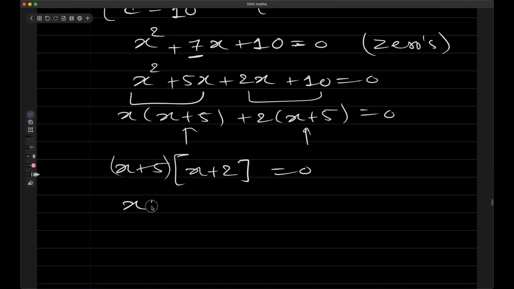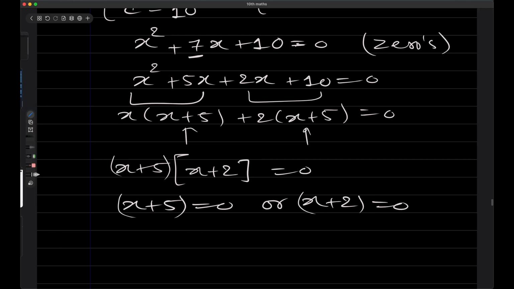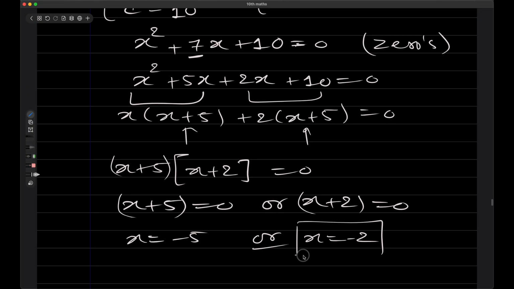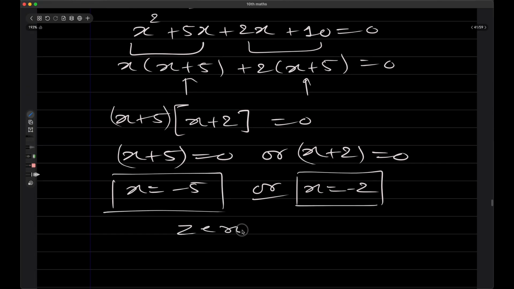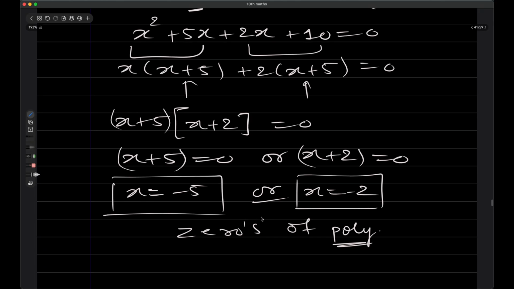Now if we put x plus 5 equals 0 or x plus 2 equals 0, we will get the zeros of the polynomial. That is, x equals minus 5 or x equals minus 2, these are the zeros of the polynomial. So zeros are the same as alpha and beta.